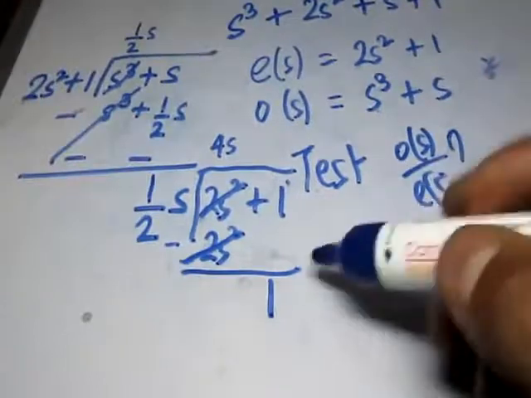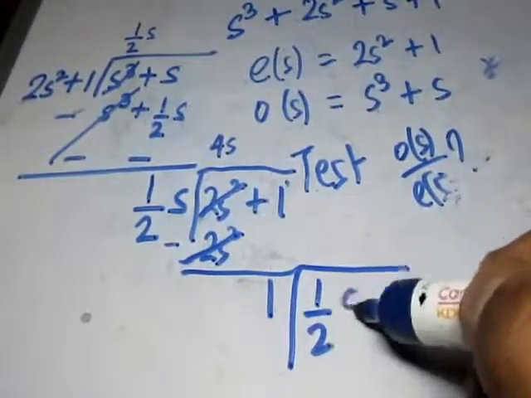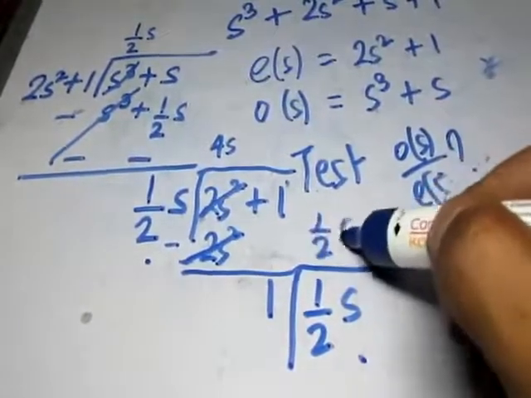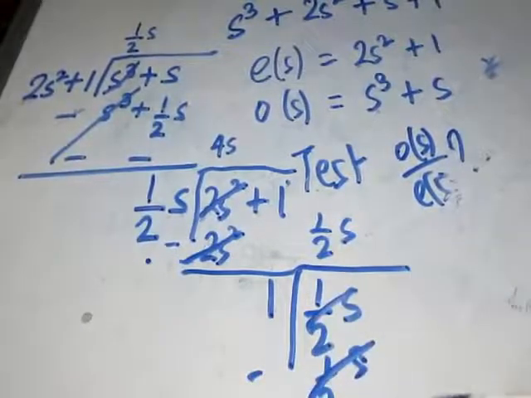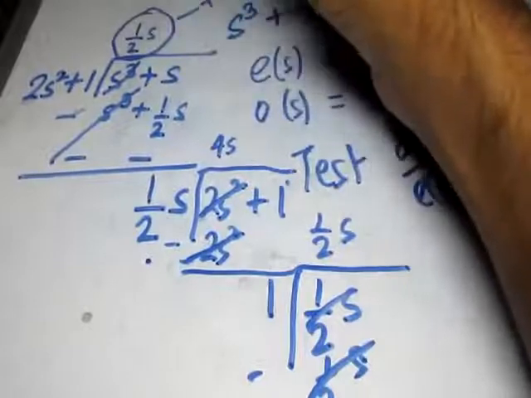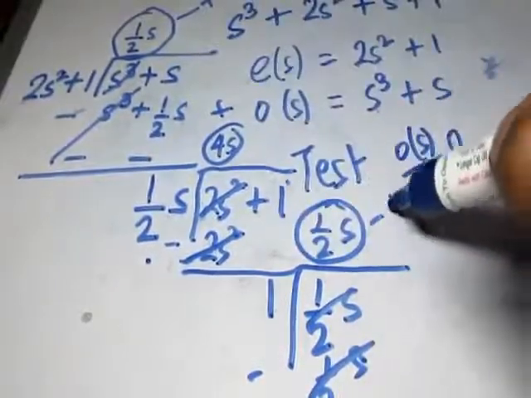Next we put this in here, this becomes half s, and this cancels out. So we see this is positive, this is positive, and this is positive.